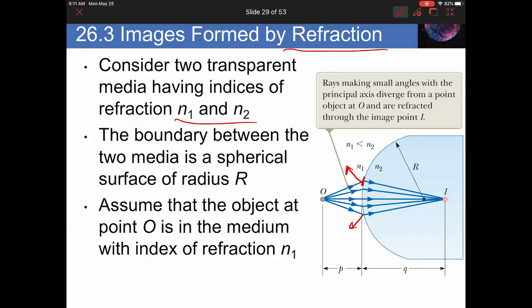That means the object is always going to be in n1, and the image will be formed in n2, depending on the curvature of the surface. It can also be formed in the same medium as the object. In that case, it basically gives you a virtual image.